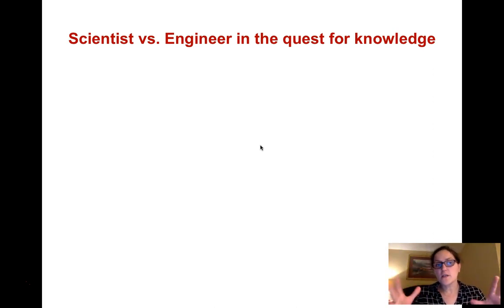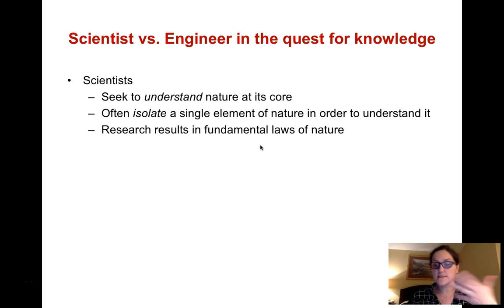When we look at science versus engineering in the quest for knowledge, let's remind ourselves that scientists typically seek to understand nature at its core, and they isolate a single element of nature in order to understand it. Basically, they try to find the fundamental laws of nature.